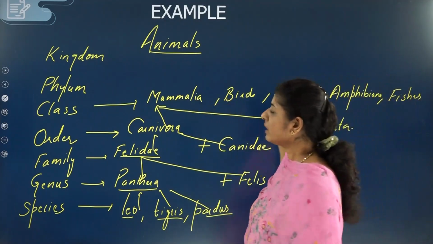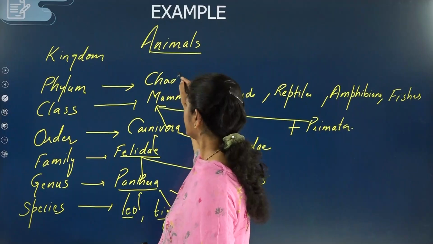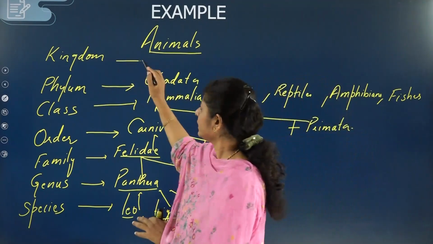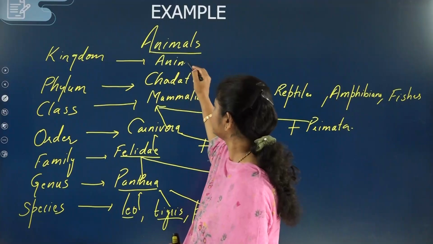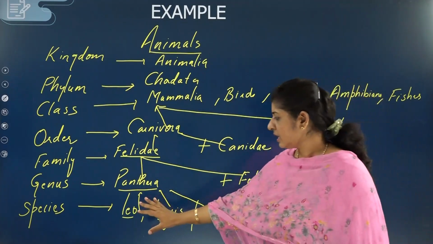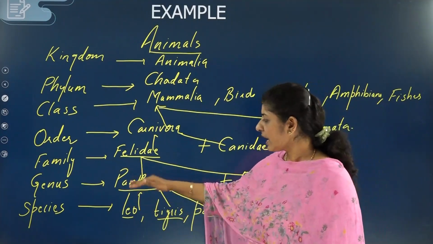So these all come under the phylum Chordata, and all the phyla together come under the kingdom Animalia, right? So based on the similarities, you are keeping things under the same higher level.